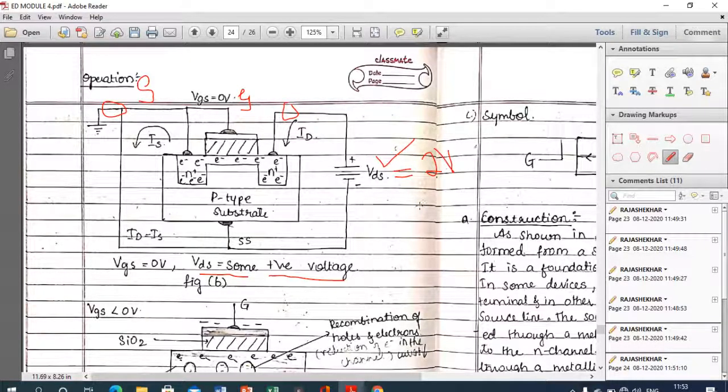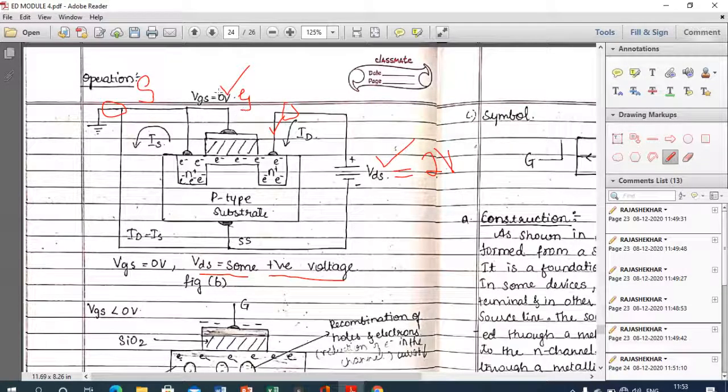So we have this much positive voltage right now. Due to this positive voltage, the drain terminal is at positive potential, okay. And between the gate and source, it is connected to 0 volts.